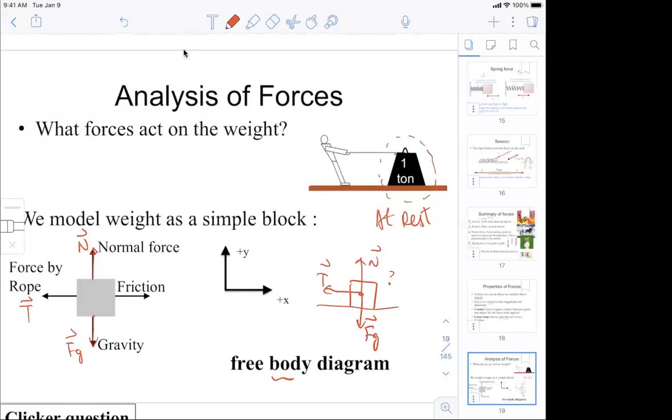Yes, we do need to specify there is friction because it is at rest. If there is no friction, do you think the object could be at rest? It will not be, because you will only have tension and it is going to start moving in the direction of the tension. It's at rest. This is really the analysis using Newton's second law.